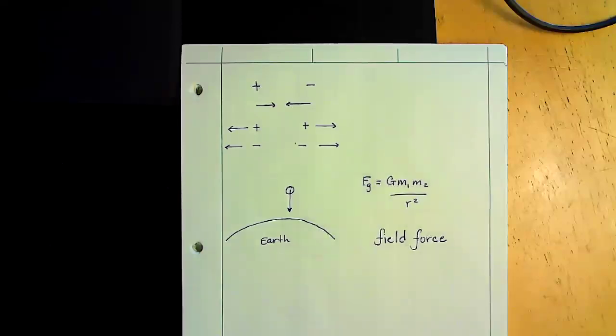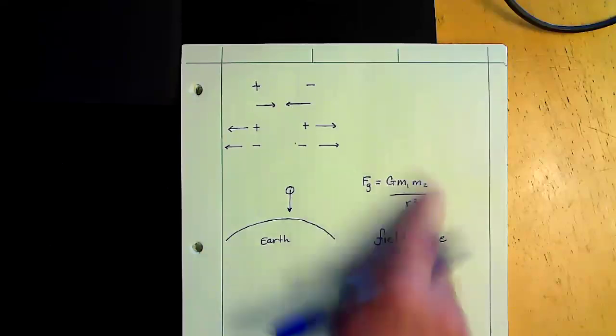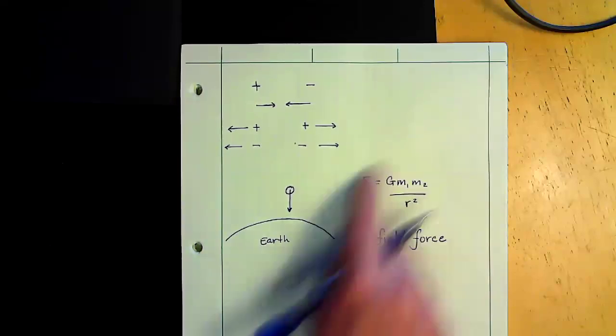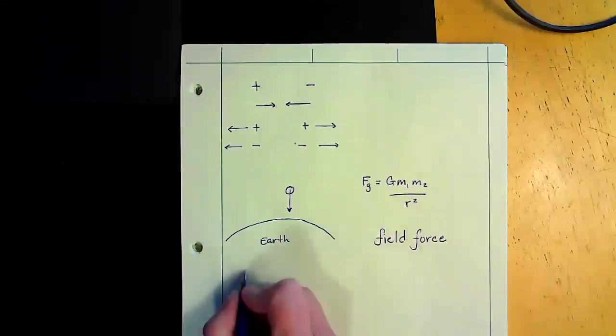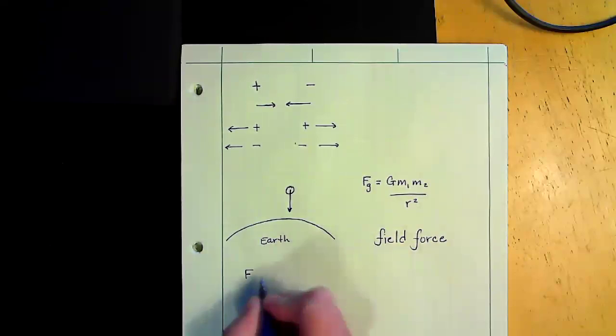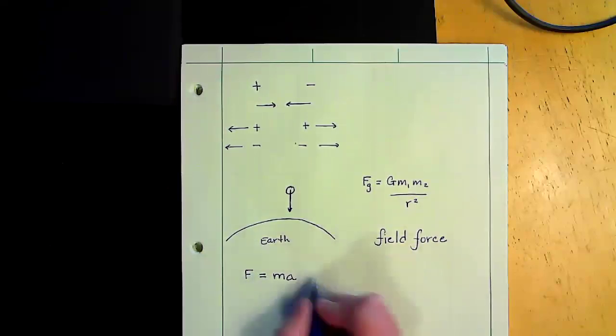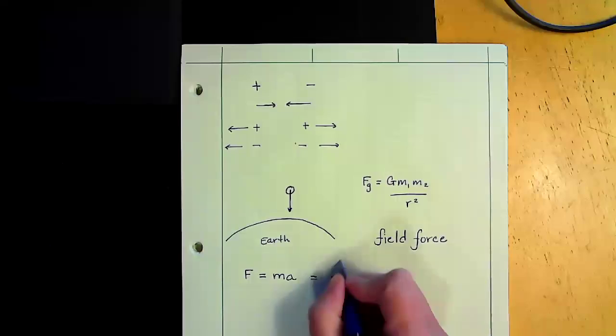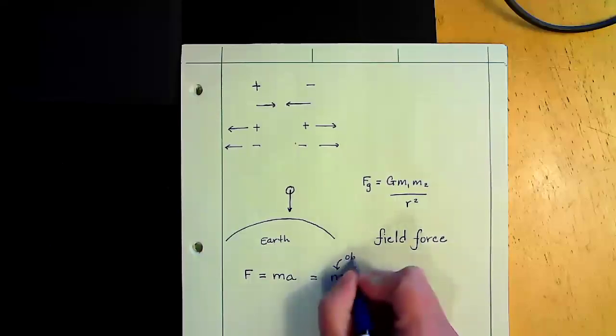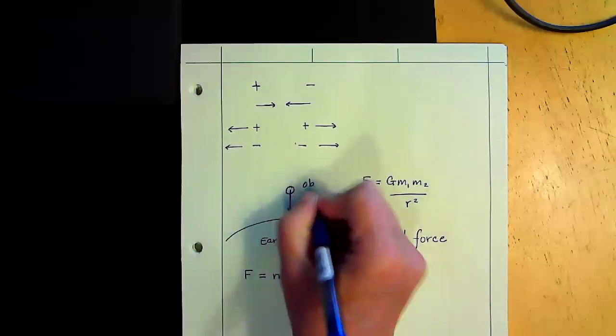So you've got this field force that's coming down. Now let's look at how we've dealt with this in the past. If I go to Newton's second law, when we write down Newton's second law as mass times acceleration, but we're using the universal law of gravitation, this is the mass of my object.